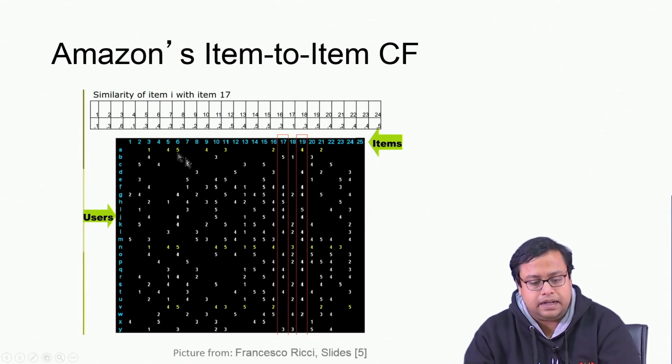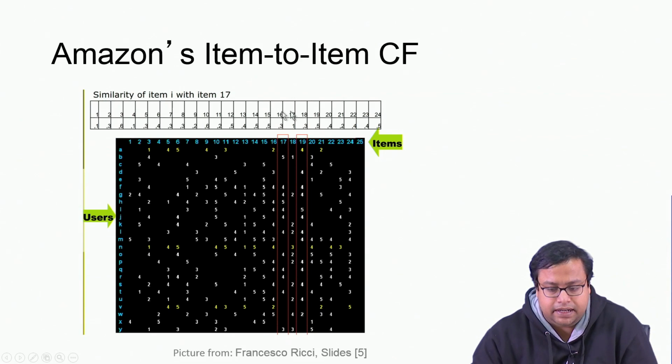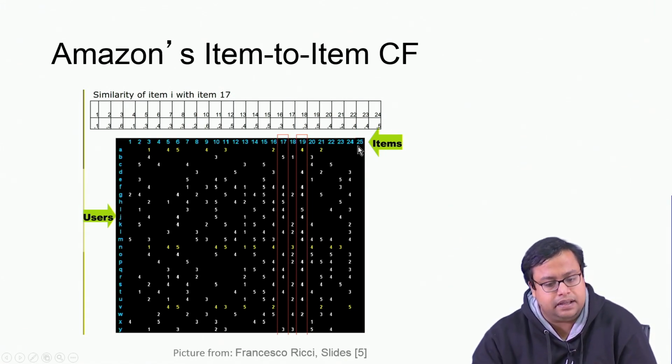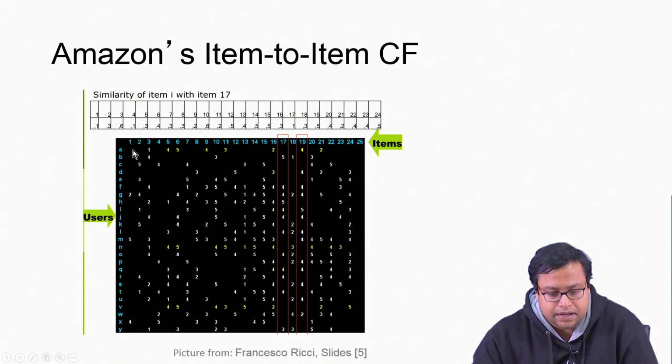So, what we do, let us say these are 17 items. So, similarity of item I with item 17. Let us say there are 25 items in total, okay, and A, B, C, D, X, Y, Z are basically users, and these 25 items are there. Fair enough. And then I try to find out, let us say, item number 17.